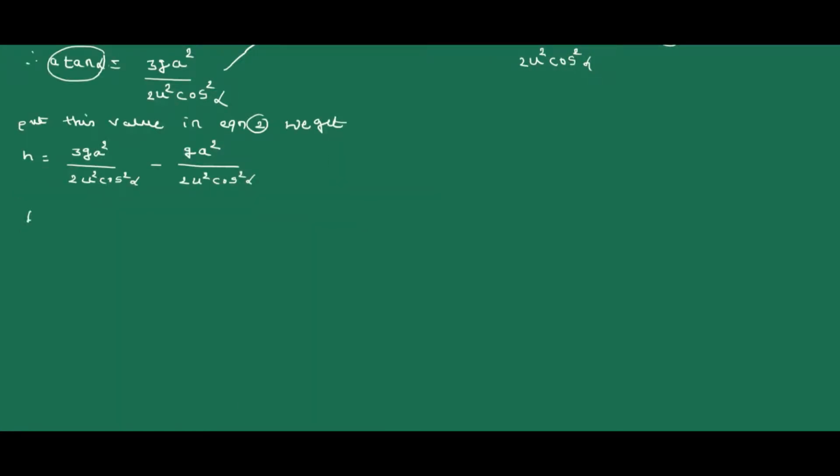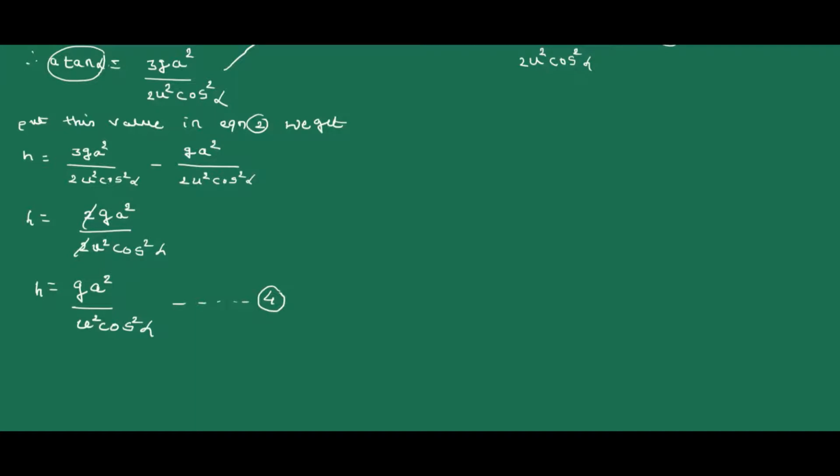So h is equal to, in total you will get 2 times ga square divided by 2u square cos square alpha. The 2 and 2 cancel. h is equal to ga square divided by u square cos square alpha, and say this is equation number 4.